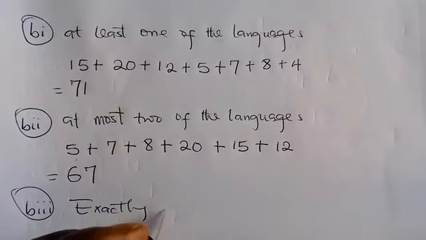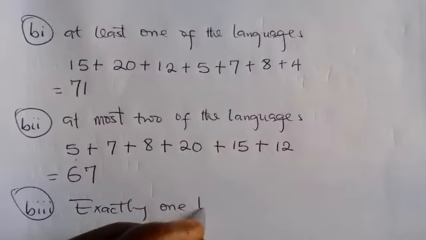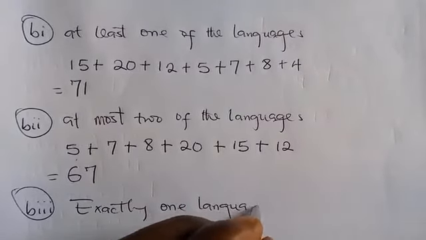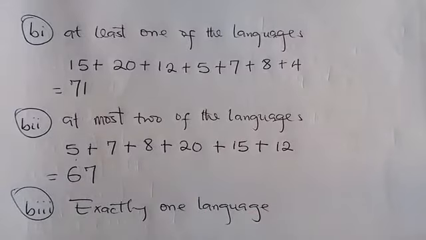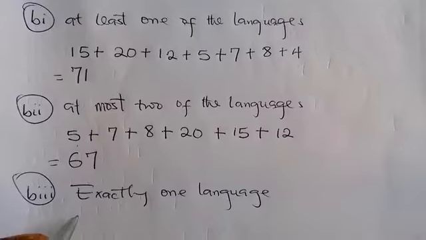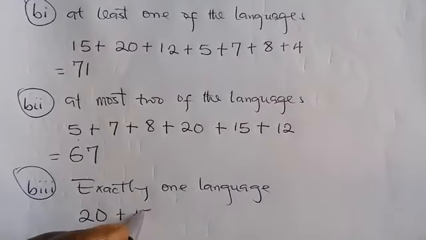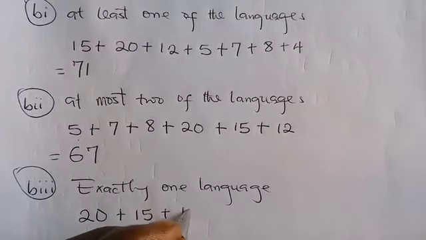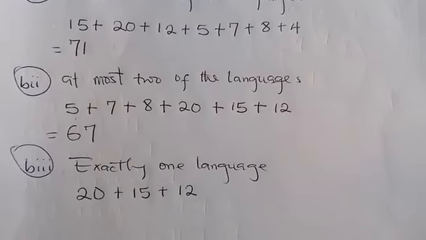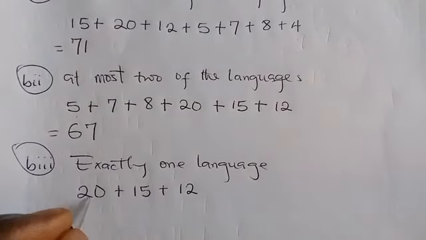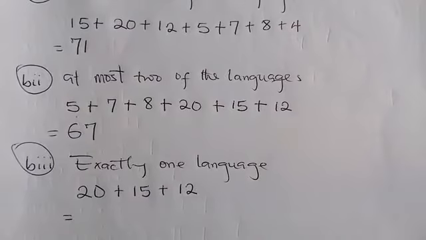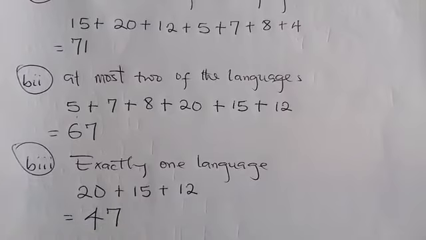For exactly one language, you have 20 for French, plus 15 for German, plus 12 for Spanish. And that's equal to 20 plus 15, we have 35. 35 plus 12, we have 47. So 47 boys offered exactly one language.